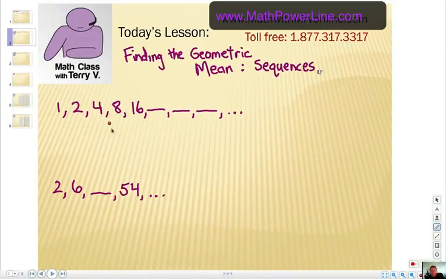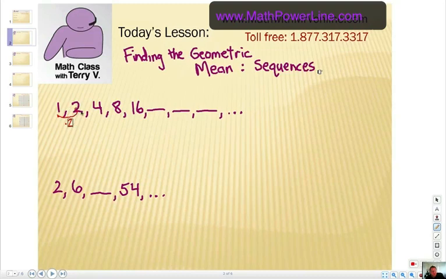So to understand the idea of the geometric mean, it comes from the title itself, geometric and mean. Geometric has to do with a multiplication concept. So we have a number sequence where I'm doing something to each number to get the next term. It's a pretty simple example, but you notice how we are multiplying by 2.